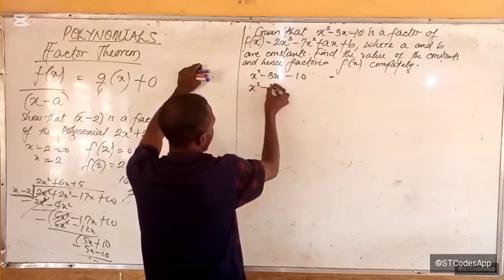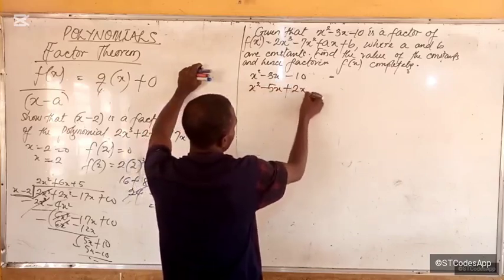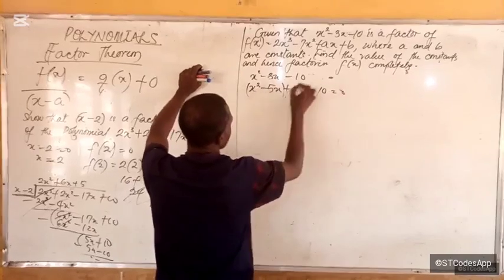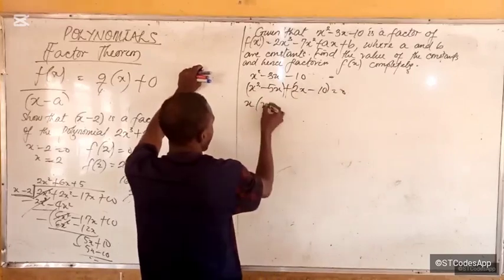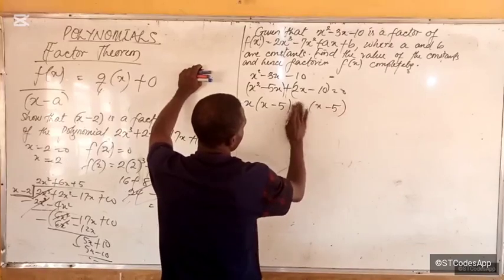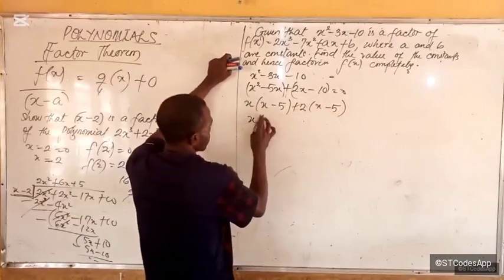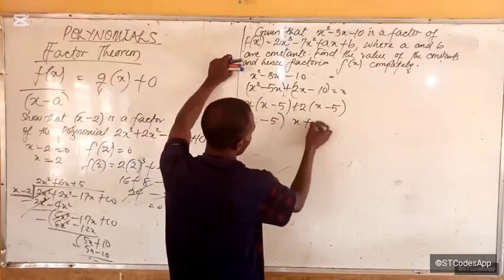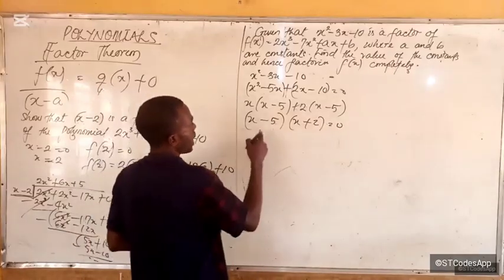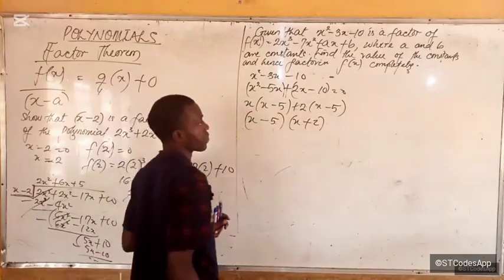So we have x squared minus 5x plus 2x minus 10, which gives x into bracket x minus 5 plus 2 into bracket x minus 5. So our factors are x minus 5 and x plus 2. Those are our first two factors.